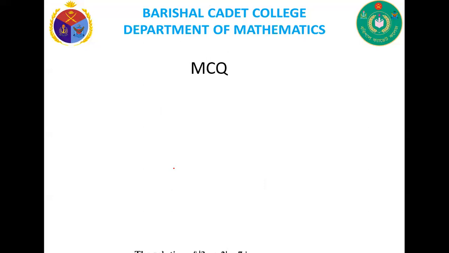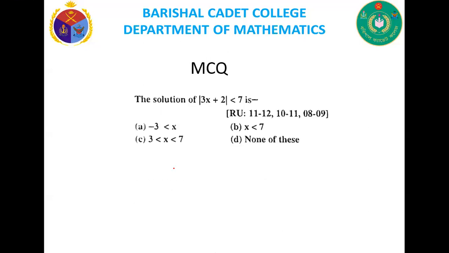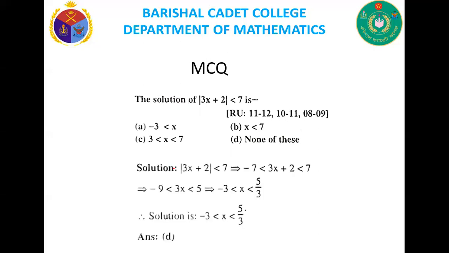Next one. The solution of |3x + 2| < 7 is. This question was set in Rajshahi University several times, so we want to see the explanation again. First of all, here we see that this is given. So −7 < 3x + 2 < 7. We can write it with the help of the absolute value sign property.